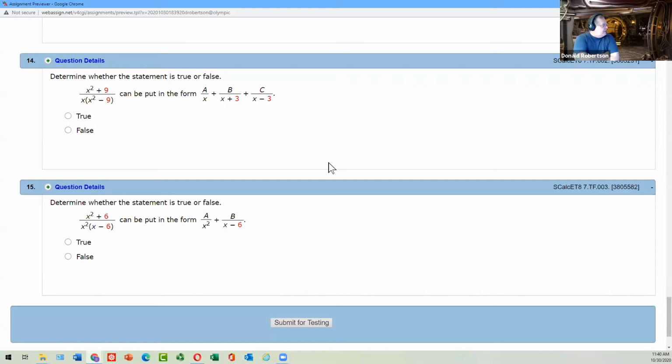Is 14 true or false? Could you take that fraction and break it into those 3 partial fractions? Great. Where's the plus and -3 thing coming from? -9. Yeah, it's factoring x squared -9, isn't it?